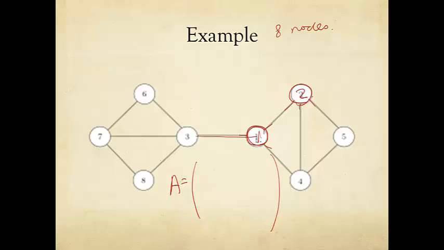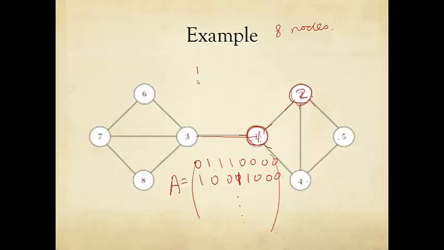Clearly, the first row says node 1 connects to 2, 3, and 4. That's it. So it's 0, 1, 1, 1, and then 0, 0, 0, 0. The second row, node 2, connects to nodes 1, 4, 5. So 1, 0, 0, 1, 1, and 0, 0 everywhere else. Okay, you can fill out the rest, or you can take a look at the textbook.